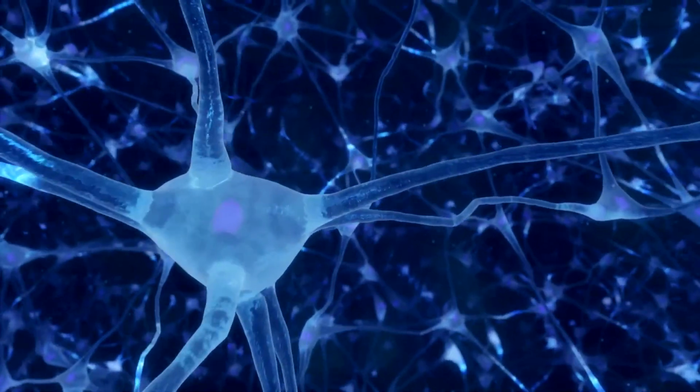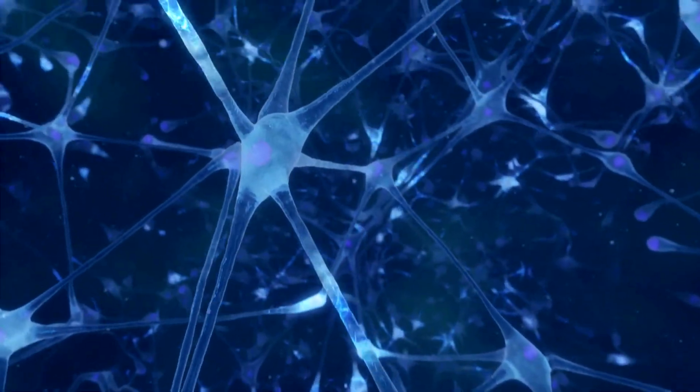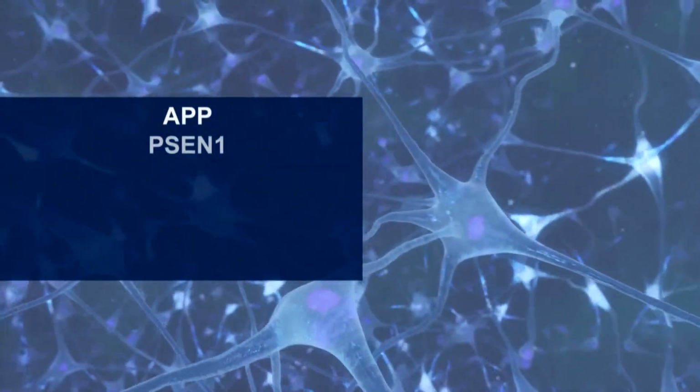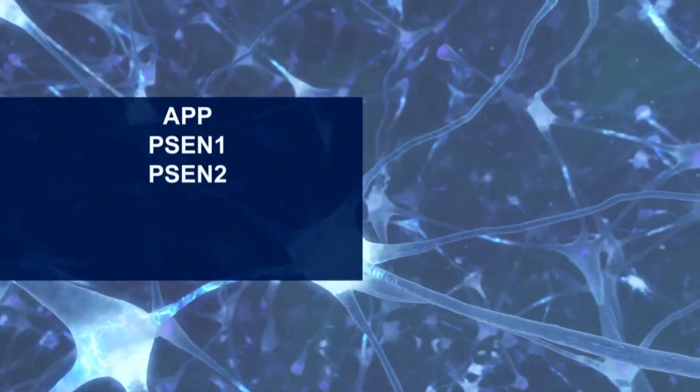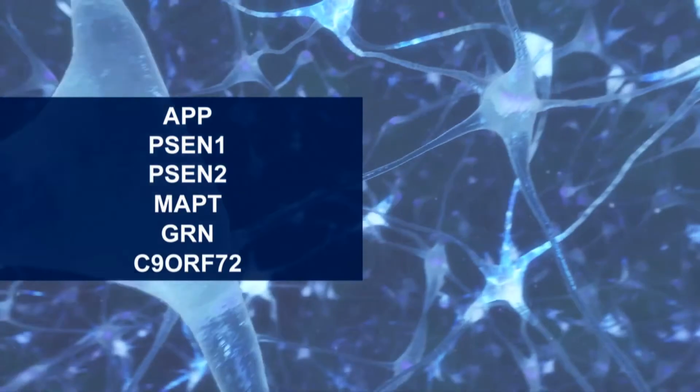There are several genes that, when mutated, are known to cause early onset dementia. Our testing will focus on 6 genes: APP, PSEN1, PSEN2, MAPT, GRN, and C9orf72.